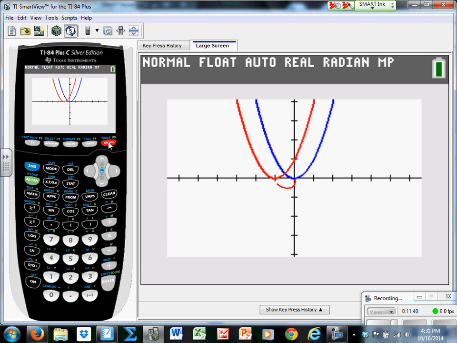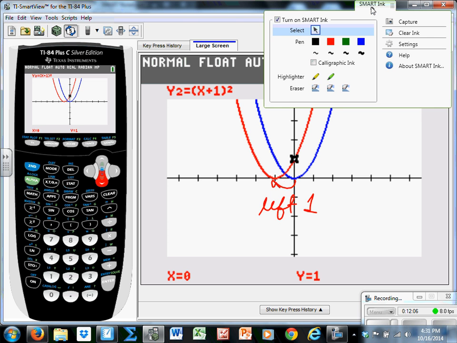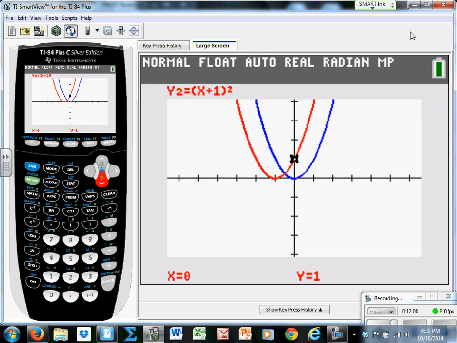So notice this time it went left 1. Okay, so again, we are on x plus 1, and it went left 1. Now, to me, that seems counterintuitive. When I see plus 1, I expect things to go to the right or up. But it feels backwards to me, but that's just because of it being on the inside.